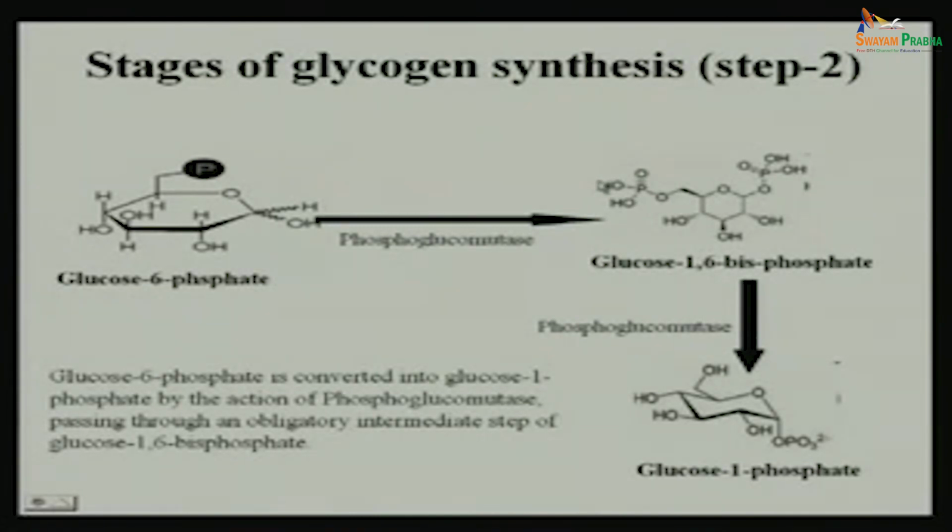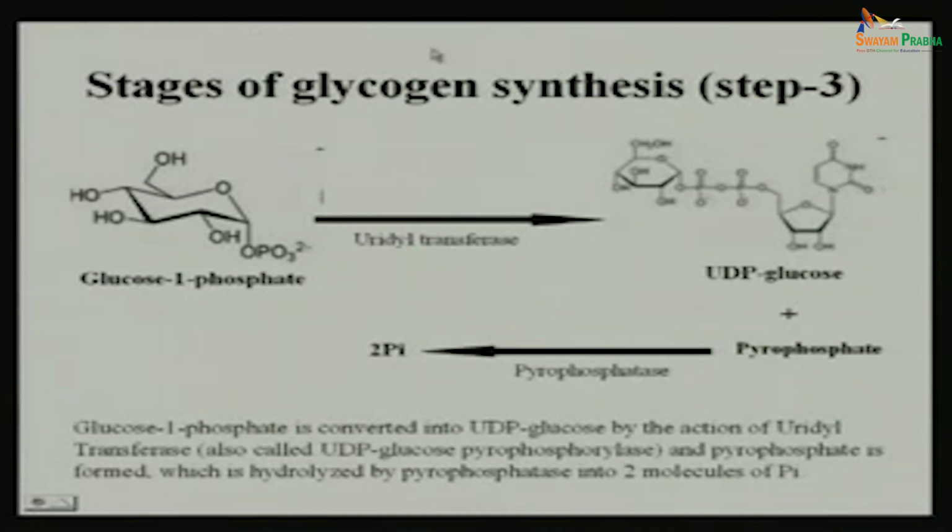This product is very unstable, and this enzyme once again takes back the phosphate from the 6th position, and it produces glucose 1-phosphate. Now when glucose 1-phosphate is produced, in the presence of uridyl transferase enzyme it produces UDP glucose.